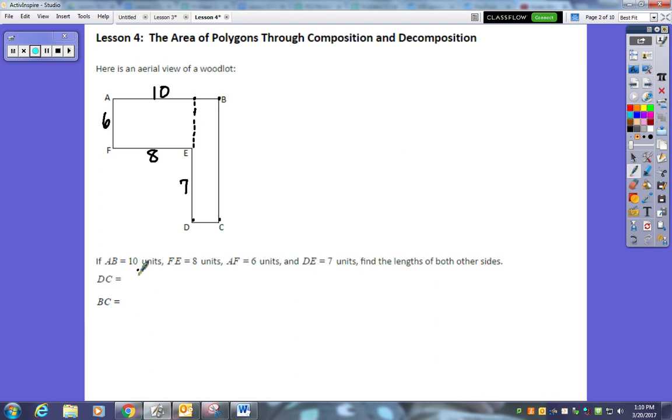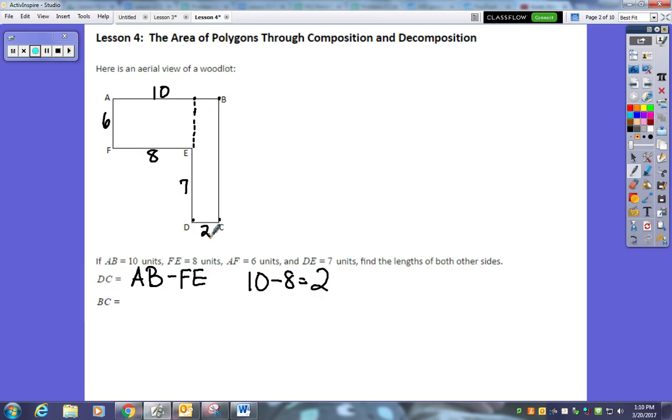So I'm taking AB, subtracting FE, and that will give me DC. So AB is 10 minus FE, which is 8, tells me that DC is 2.